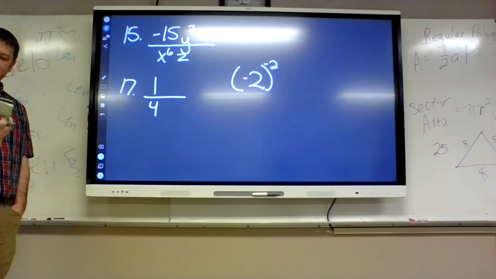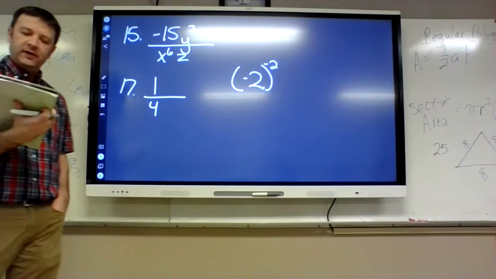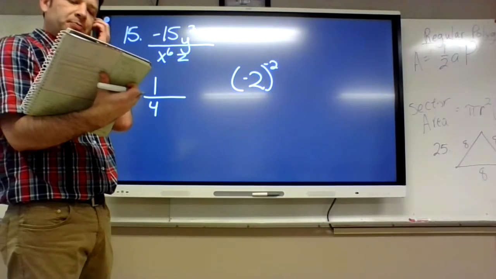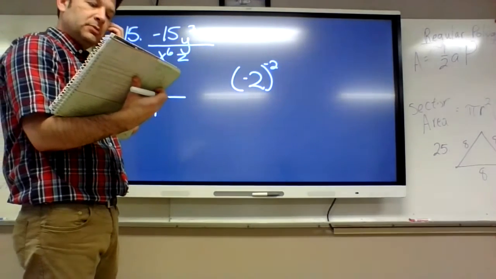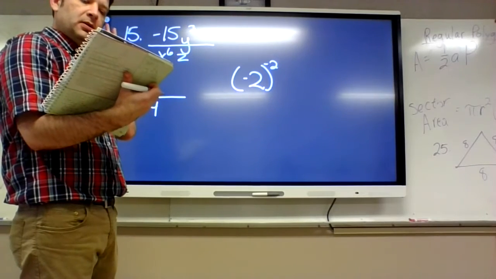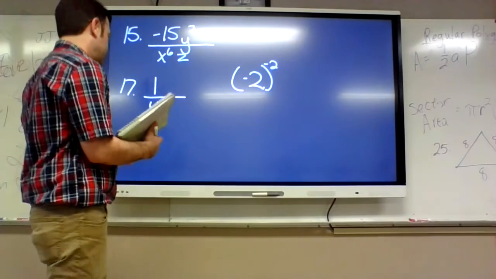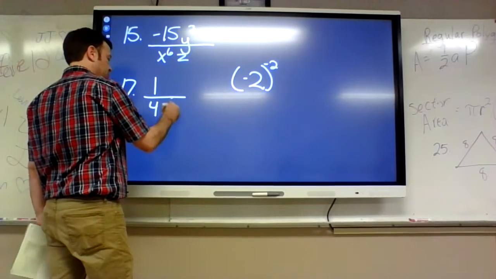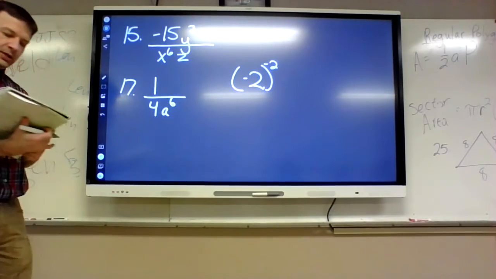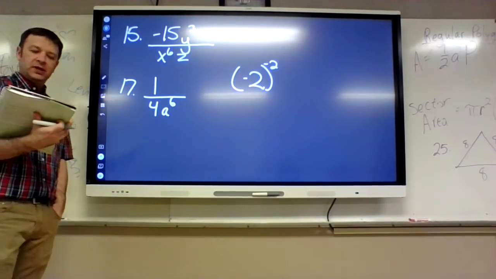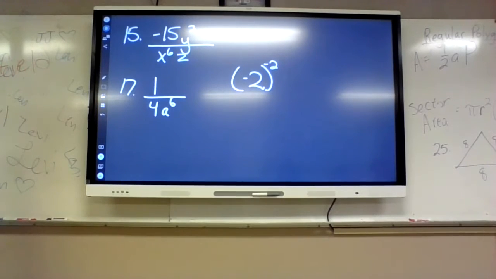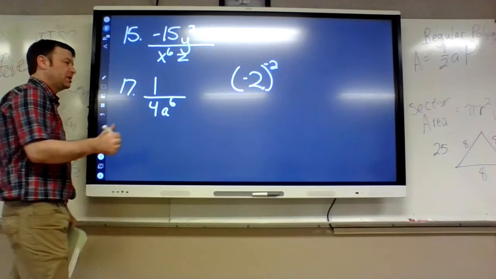Hold on, I lost my place. A cubed to the negative 2 would be what? A to the 6, but with the negative it's a to the negative 6, so a to the 6 on the bottom. And then b to the negative 5th to the negative 2nd is b to the 10th, so that stays on top.